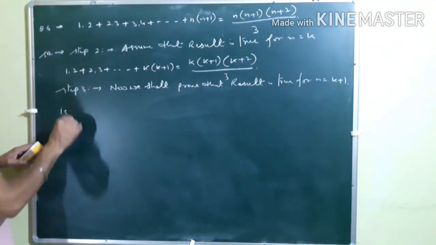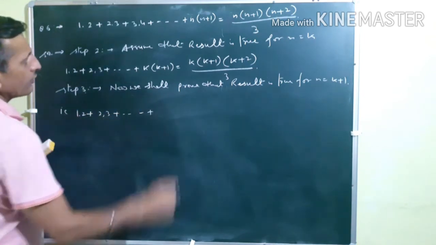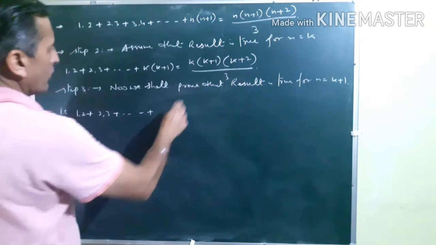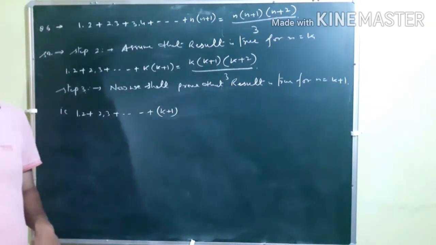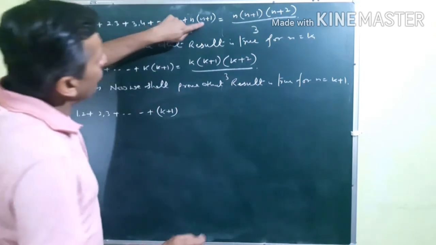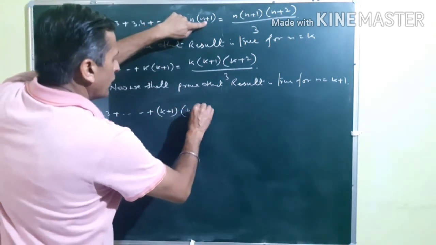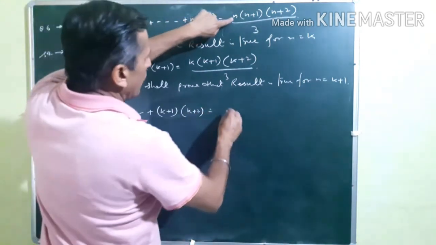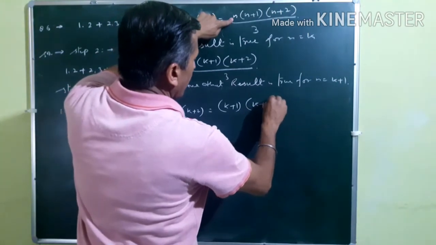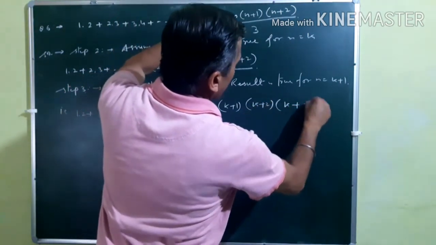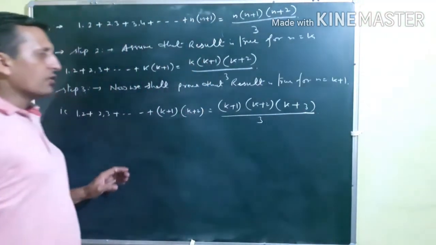That is 1 into 2 plus 2 into 3 and so on. Simply you have to replace n with k plus 1. So it is k plus 1 into k plus 1 plus 1, that is k plus 2, which is equal to k plus 1 into k plus 2 into k plus 3 whole upon 3. So this result we have to prove.